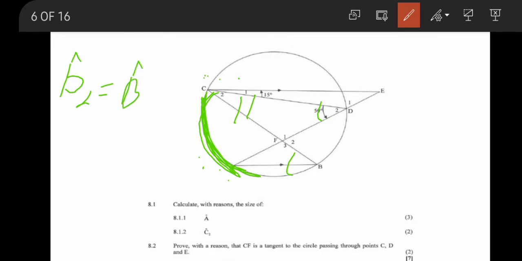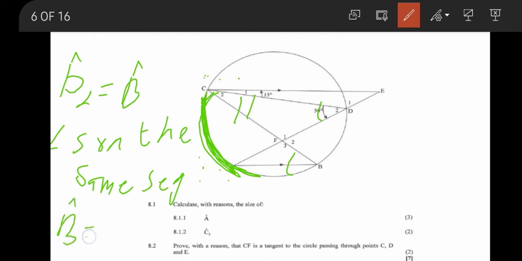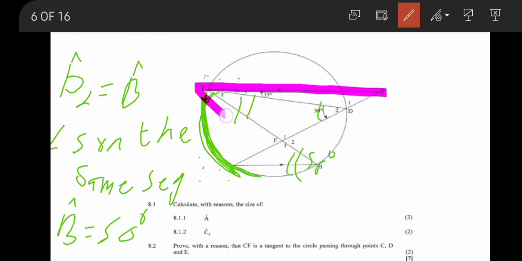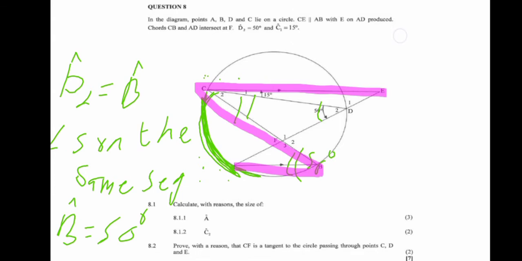Why? Because they are angles on the same segment, right? Making our B 50 degrees. Now, if we have our B at 50 degrees, and we said we have this pair of parallel lines forming a Z here, meaning now the angle B must be equal to the whole of angle C, right?